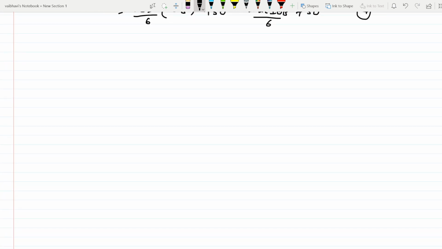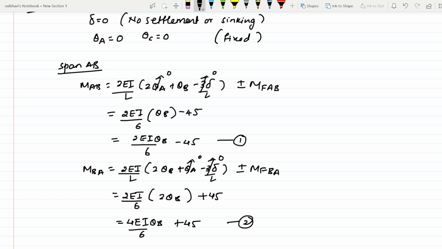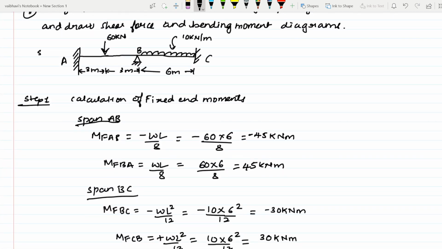Once we write slope deflection equation, then next is joint equilibrium condition, step 3. So joint equilibrium condition, as I explained here, we can see that there is a joint B here.